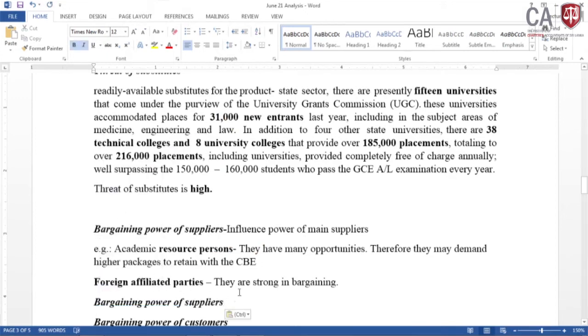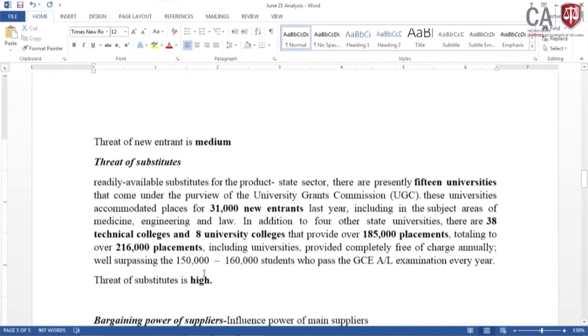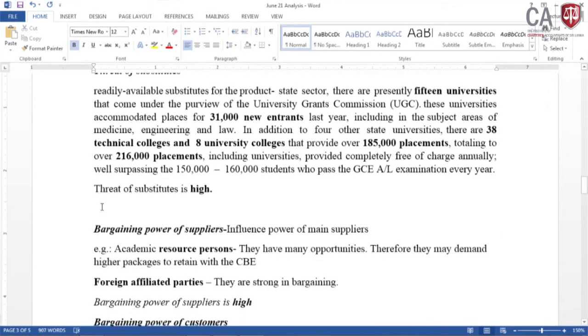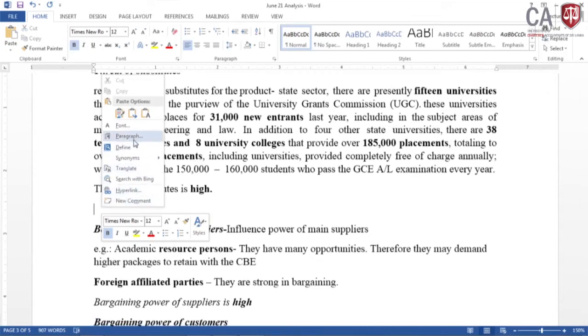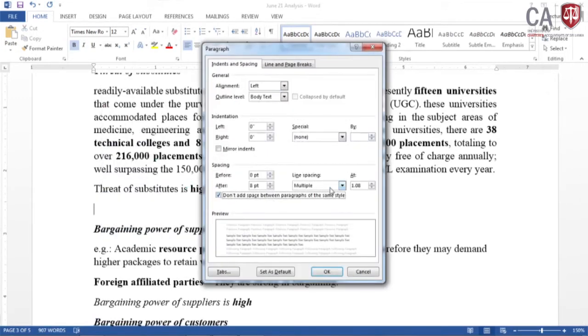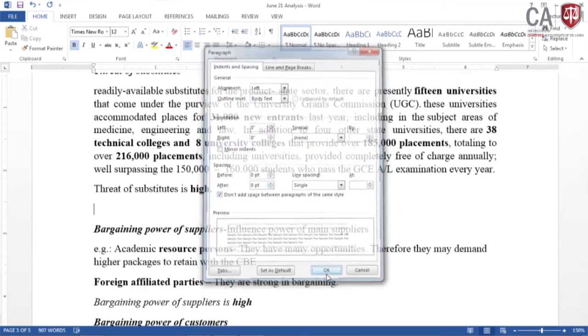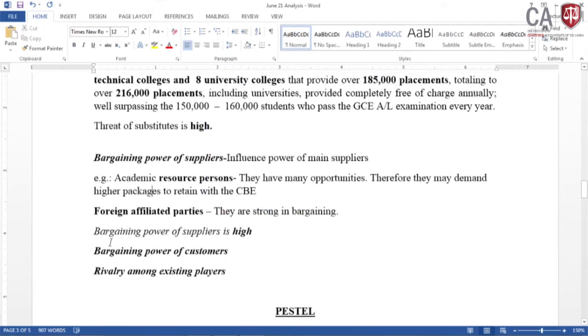For example, these foreign affiliated parties may ask us to adhere to many laws.